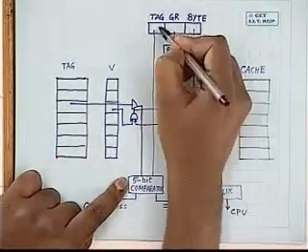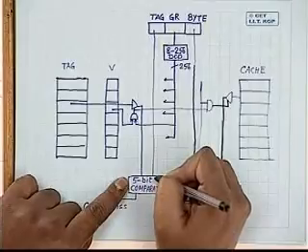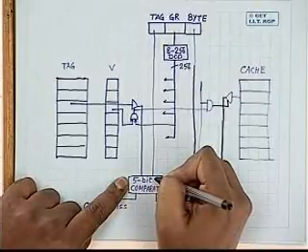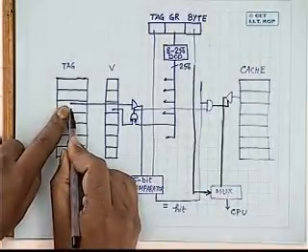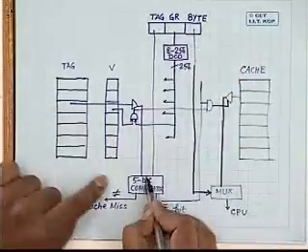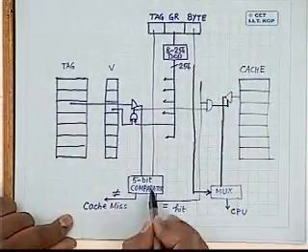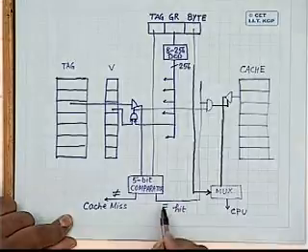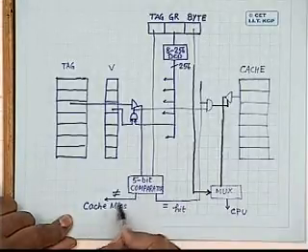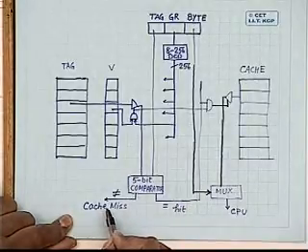In the comparator, you compare with the tag field which is there in the main memory address. If you find that this tag memory content is the same as the tag field, then I say that the data is present in the cache memory. So I have a cache hit. If they are not the same, then that is a cache miss.